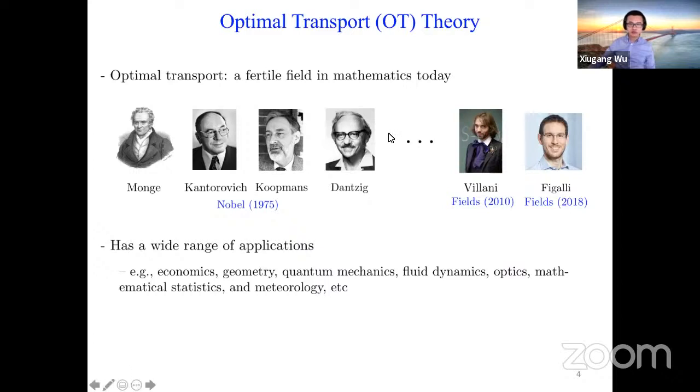And accompanying the rich theory of optimal transport are its far-reaching applications.